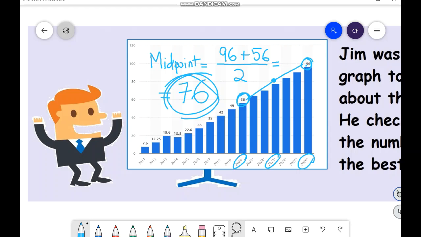76 is the right answer for the bell work. But don't worry, because 77 is also a very good answer if you are in front of your boss, if you are feeling the pressure. 77 is a perfectly good answer. 78, very good answer as well. 69, kind of, yeah, 69 is close enough.